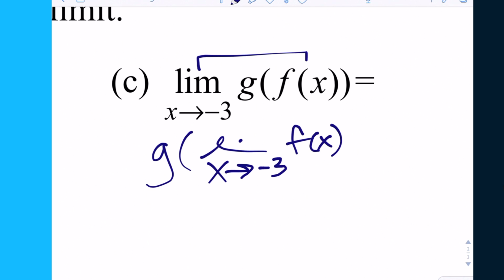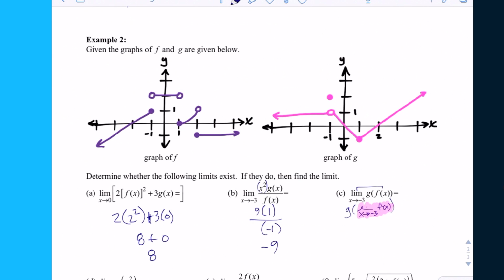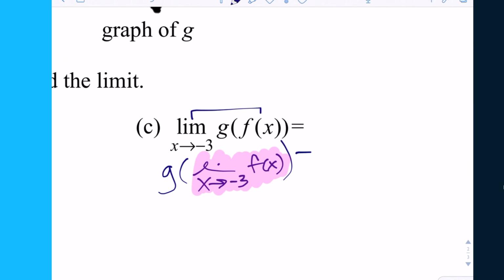You got f of x like that. And so now you can just focus on that, which I think we just did, but I already forgot. So the limit as x goes to negative 3 in general of f was negative 1. So again, here you have to be careful. You can't just replace that with negative 1, because this still has to be a limit, not a function value.